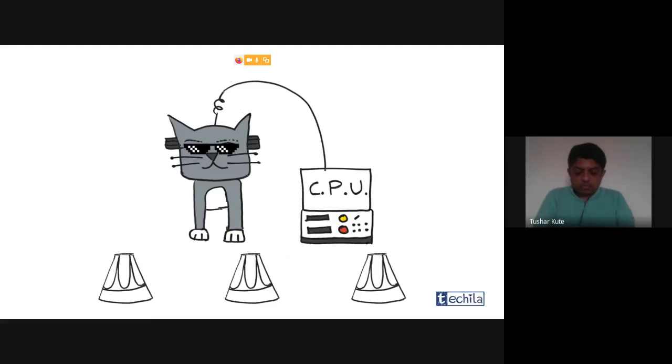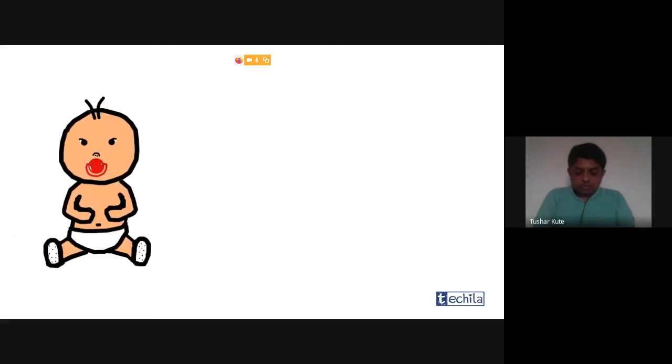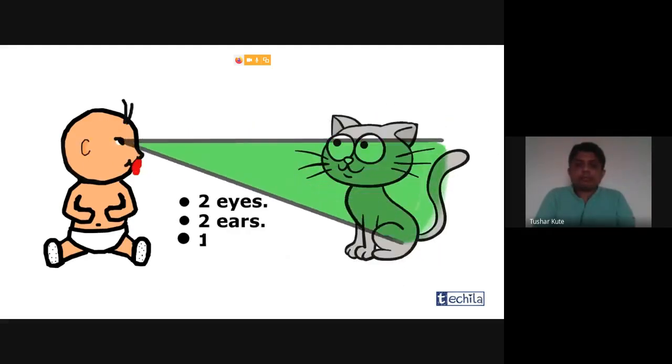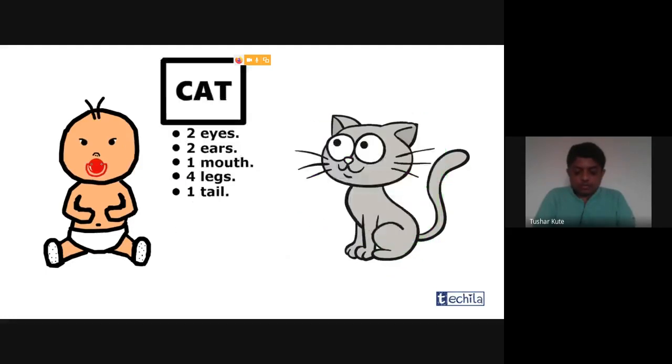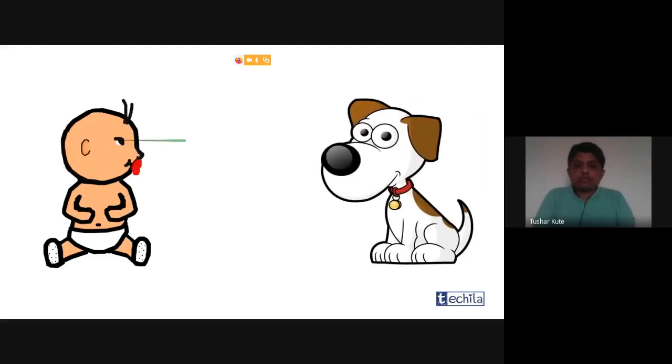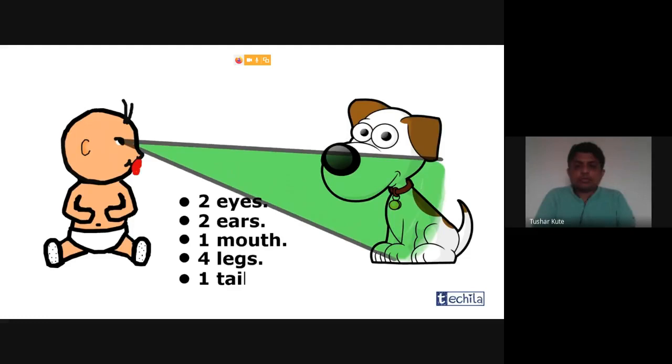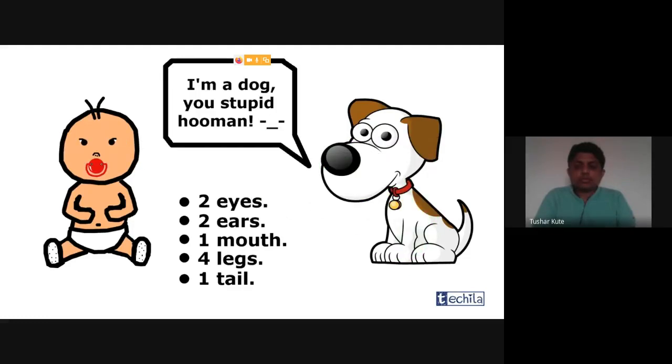To understand how machine learning works, imagine teaching a baby to identify the differences between various objects. For example, if you show him a cat, he will extract specific information that will help him identify a cat the next time he comes across one. But if he sees a dog for the first time the next day, he will call it a cat as well, because it has every other piece of information that the baby extracted from the cat the other day.